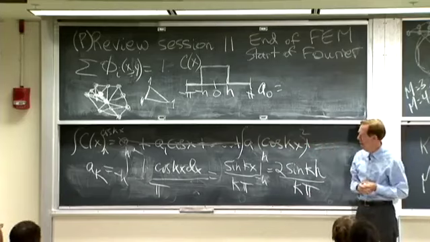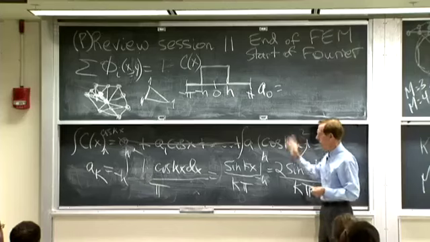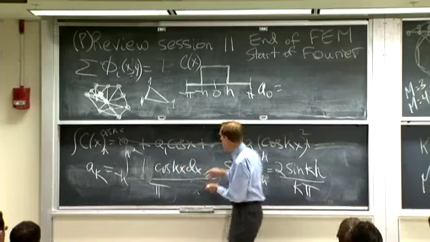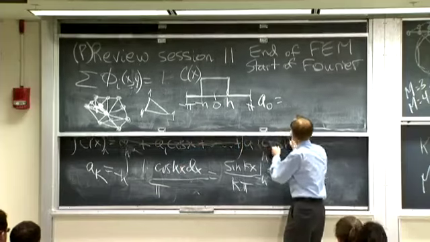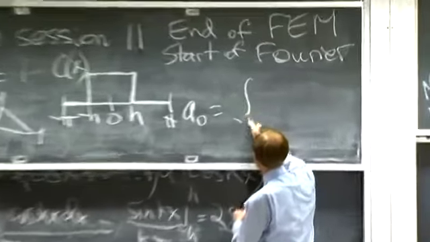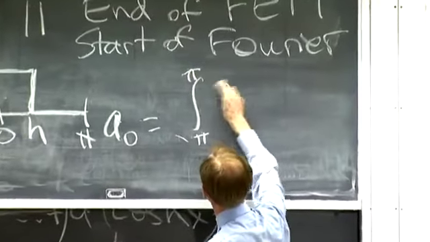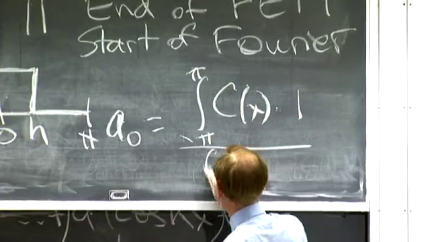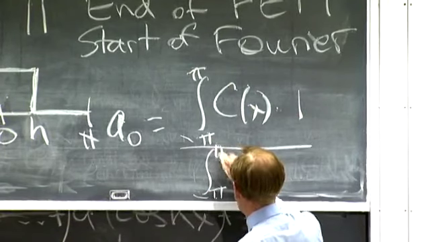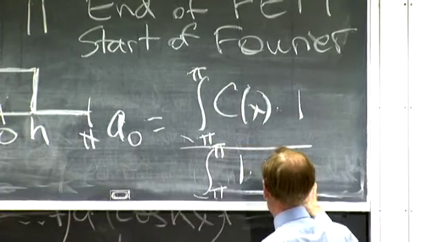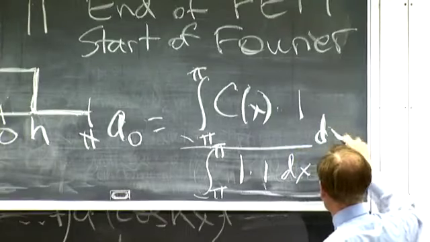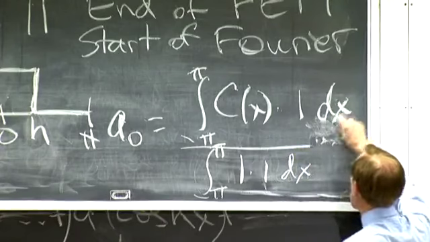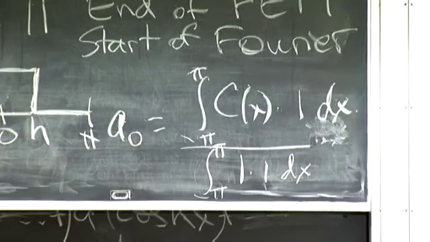Just 1. It's the cosine of 0x, which is 1. Then I integrate, and I'm just going to get the integral from minus pi to pi of c of x times 1 divided by the integral from minus pi to pi of 1 times 1 dx. Same method.